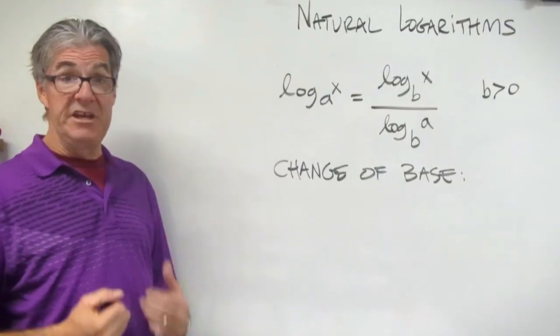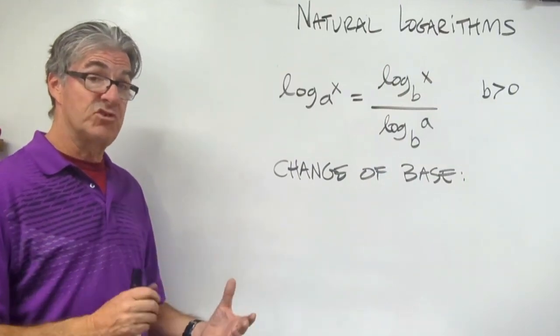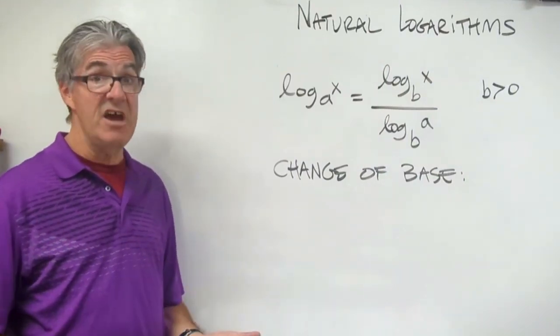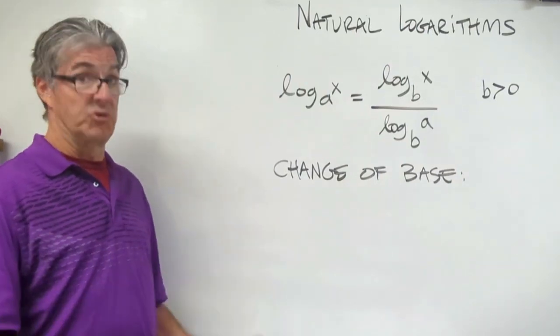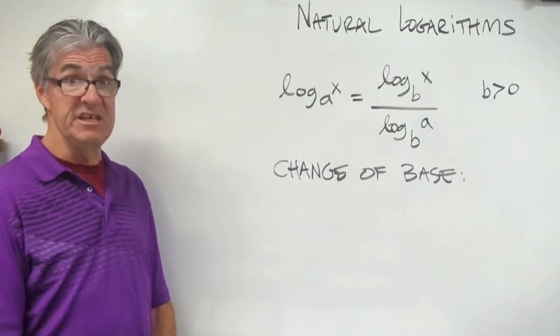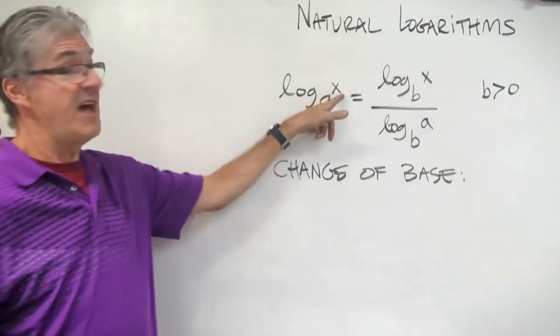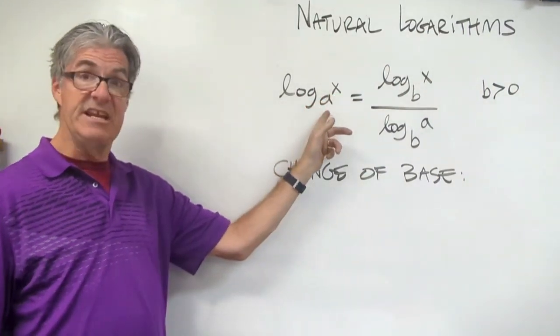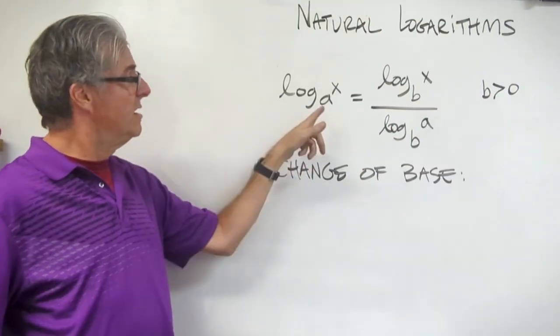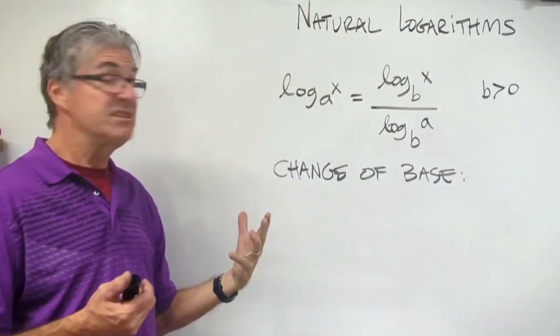I want to show you an interesting property of logs, and we're going to exploit that trick in a way that lets you use any calculator to evaluate logs with any base, not just base 10 or base e. So check this out. If I have a log base a of x, that could be any number. In fact, it has to be a positive number. So log base a of x, we can express that differently.